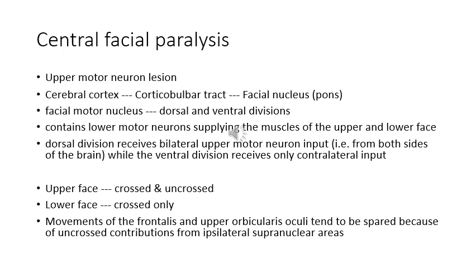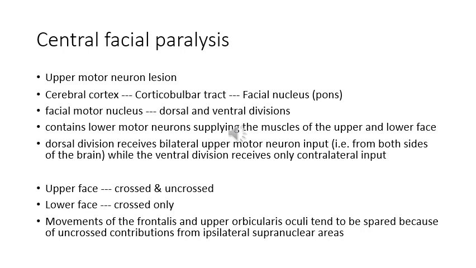So the upper face is supplied by crossed connections from the opposite side and uncrossed connections from the same side. Whereas the lower face has inputs from crossed connections only, that means from the opposite side only.